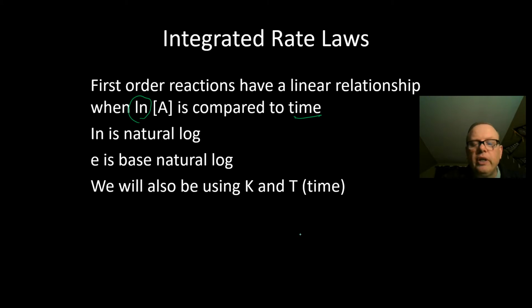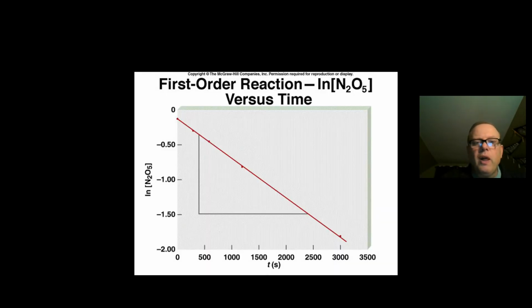We're going to be using K, which is the constant, and we've seen that before. That is the constant for the reaction. Because these are all first order, K will always be seconds to the minus 1. And then time will be seconds or minutes, depends on what we're looking at, but it'll always be a unit of time we understand. The natural log of concentration against time gives us this nice linear relationship.